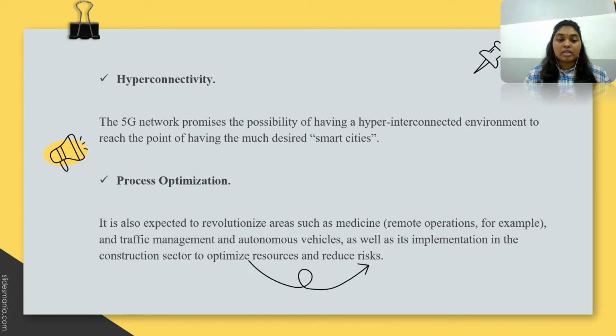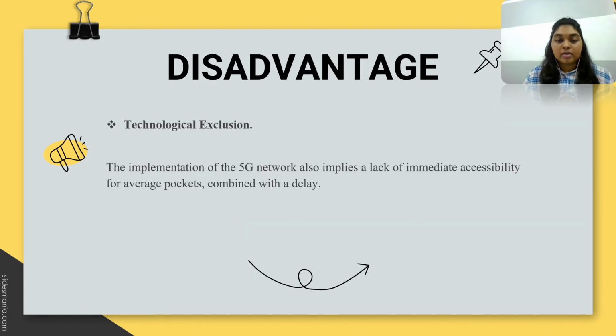It is also expected to revolutionize areas such as medicine, traffic management, and autonomous vehicles, as well as its implementation in the construction sector to optimize resources and reduce risk. Now I would like to explain the disadvantages of wireless generation. The first one is technological exclusion.